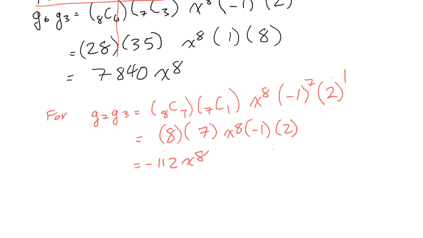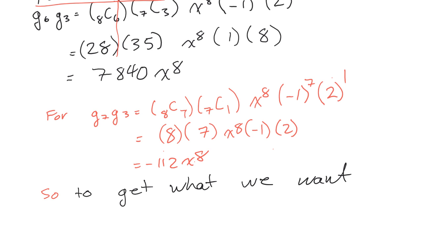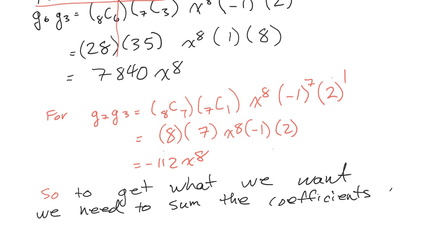Now, you'll notice that all of the x terms have a coefficient in front, and all that I'm looking for is the coefficient. So we just have to sum up the coefficients. To get the solution, we need to sum the coefficients that we calculated for all the x to the power of 8 terms we found.